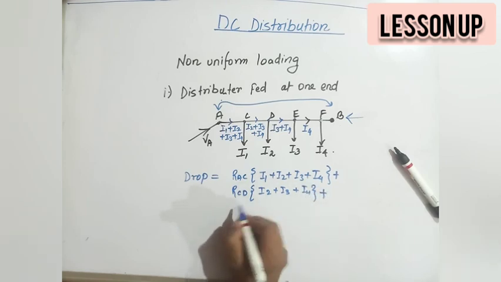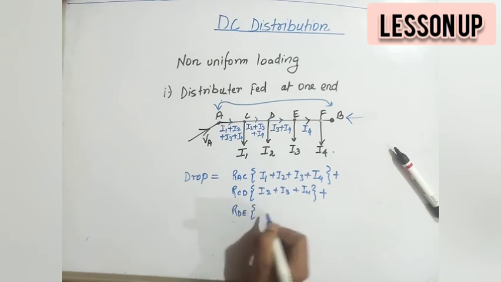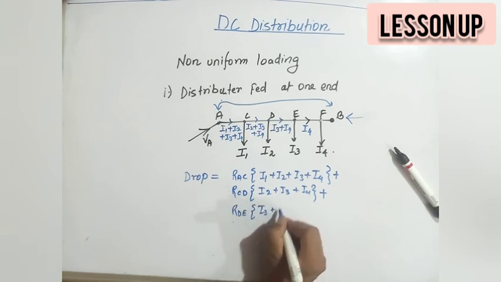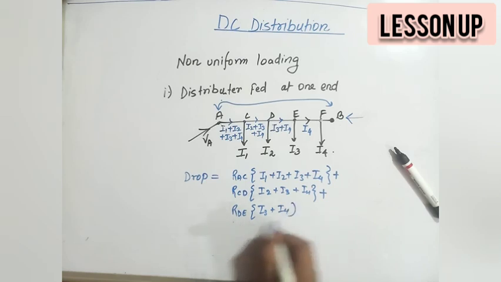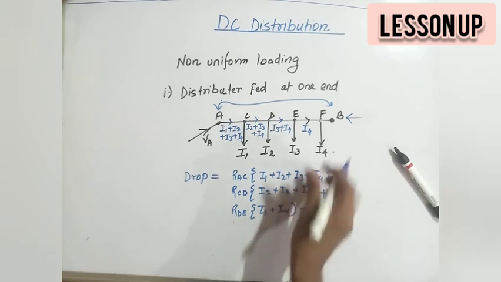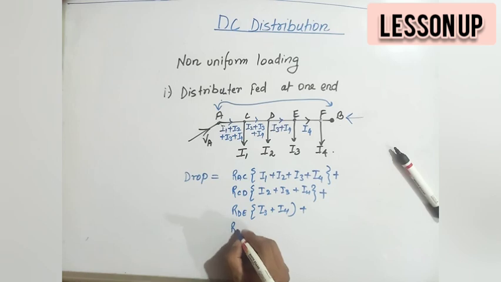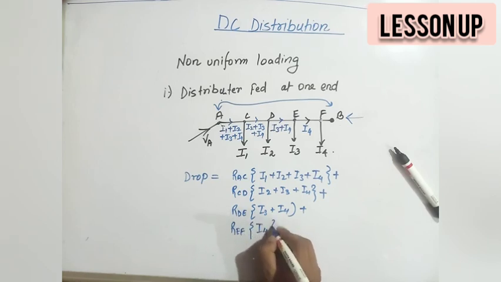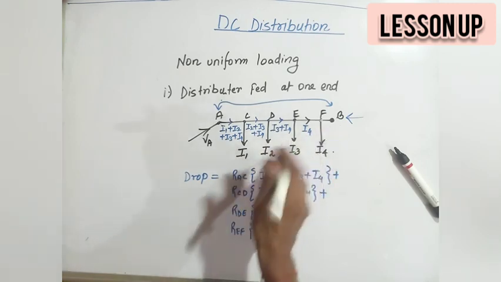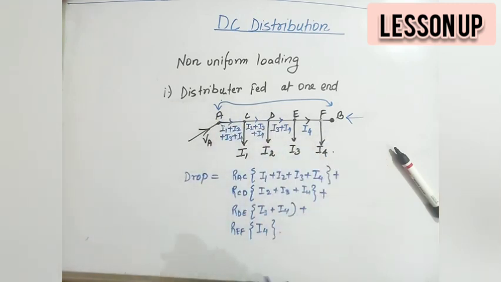The resistance between D and E is RDE and current is I3 plus I4. Similarly, the resistance between E and F is REF into current I4. So this is the voltage drop between A and B.